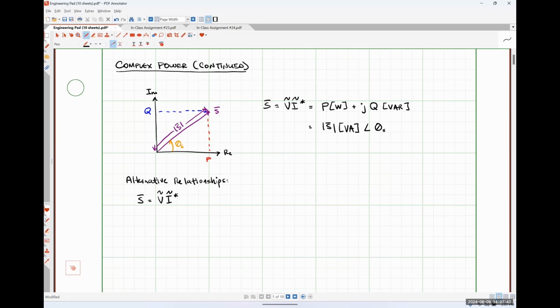And we're also going to use Ohm's law in the RMS phasor domain. So before we are able to use Ohm's law in the RMS phasor domain, can anybody tell me what Ohm's law looks like in the frequency domain?